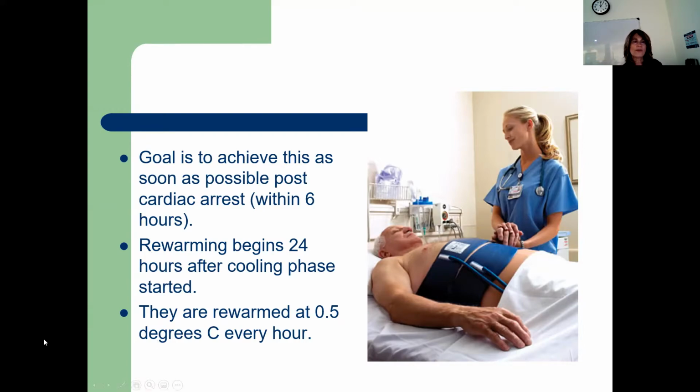And then how long are they supposed to stay cold before they're allowed to rewarm? And the answer is 24 hours. So after 24 hours go by, they start warming them up. So if they're at 36 degrees Celsius, they don't have too far to go. So within 2 hours, they're going to be back to their normal body temperature.